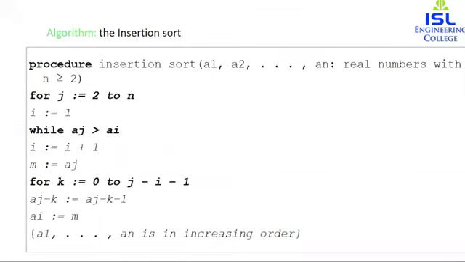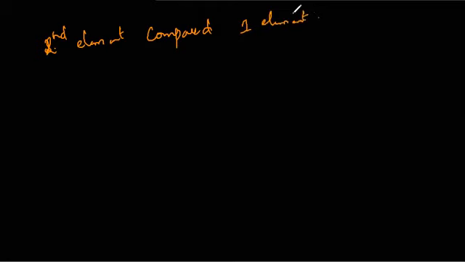So what it does is, it compares the second element with the first element, and inserts it before the first element if it is smaller than the first element, and after the first element if it is greater than the first element. At this point, the first two elements are in the correct order. Then we compare the third element and this continues.